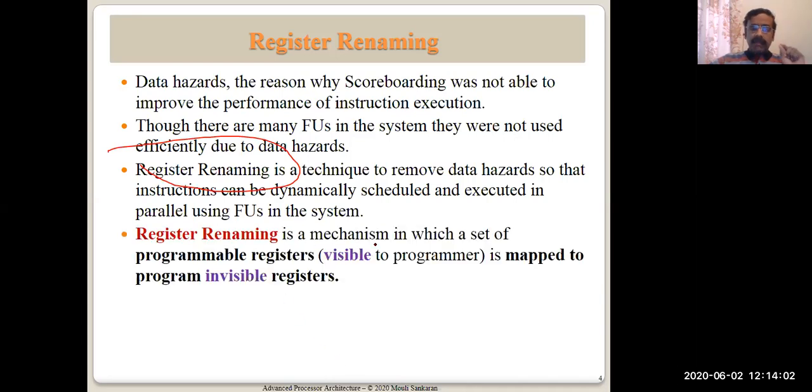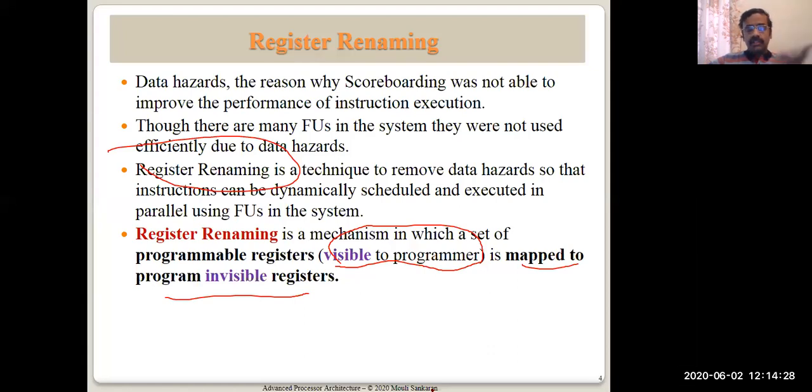Register renaming is a mechanism in which a set of programmable registers visible to the programmer, which are all the registers that we use in the instructions, are mapped to program invisible registers. We have hidden registers inside the CPU, which are not known to the outside world, outside the programmer.